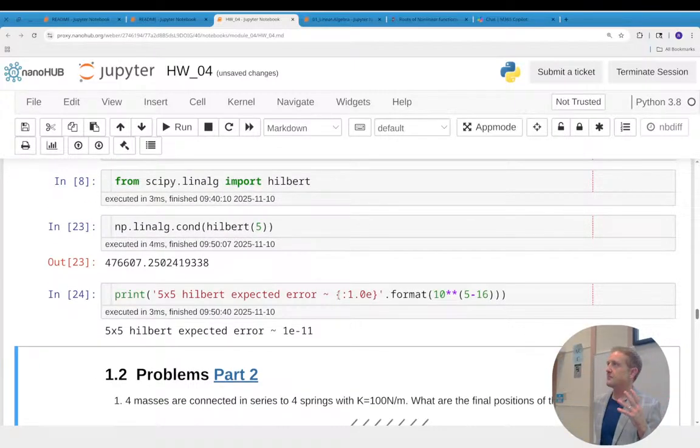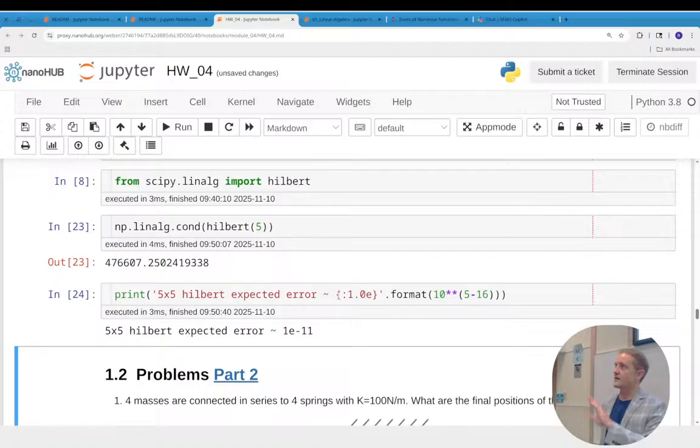So the condition number is roughly 10 to the 5. So error is 10 to the 5 minus 16. But it is an upper bound. It's not that every time you use this matrix to solve that, you'll get that error in the result, but it's a very quick way and also a very impressive way.